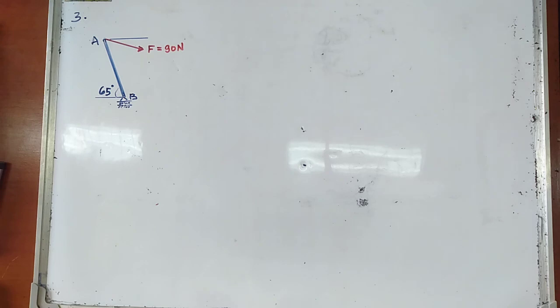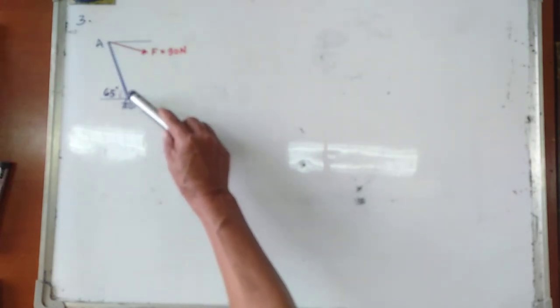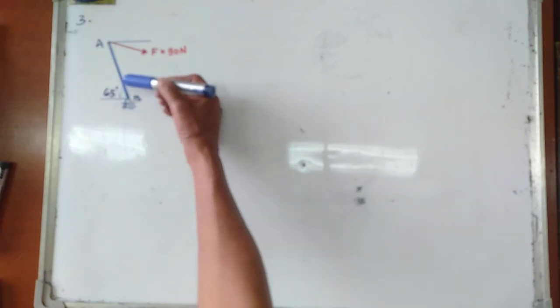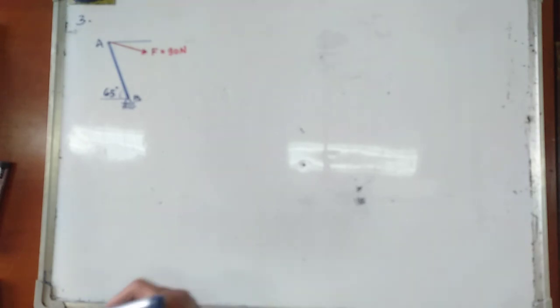Okay. A 90-newton force is applied to the control rod AB. So we have the control rod AB. Knowing that the length of the rod is 225 millimeter.